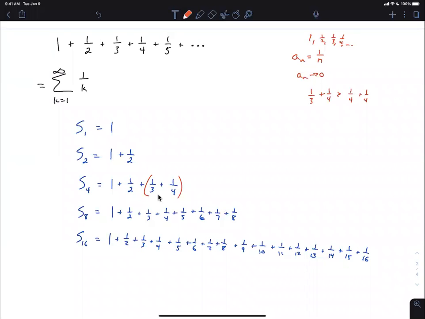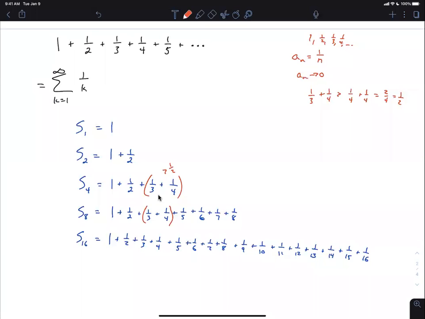Does everybody see why that's true? Because 1/4 is the smallest one, right? But 1/4 plus 1/4 is 2/4, which is a half. So this is bigger than a half. Does everybody see that? Okay, now that's still true down here. We've got this 1/3 plus 1/4, and that's bigger than a half.